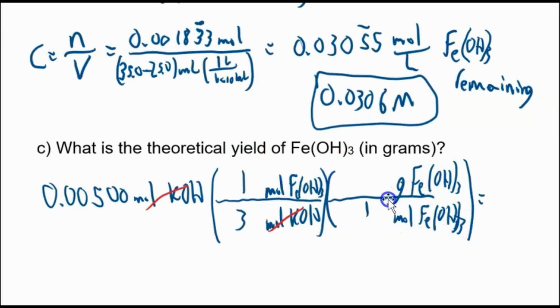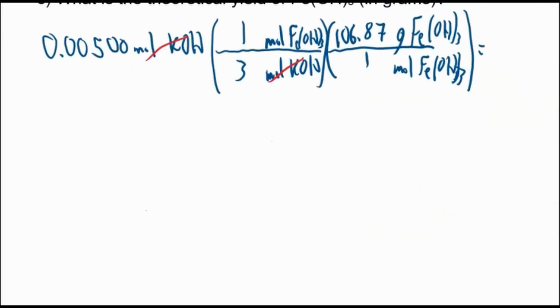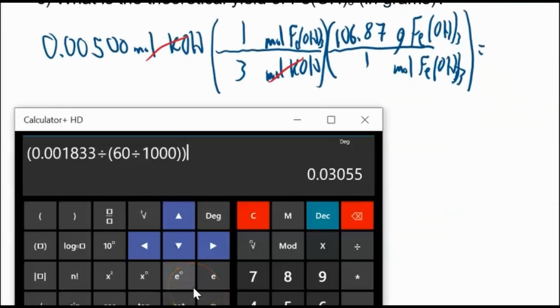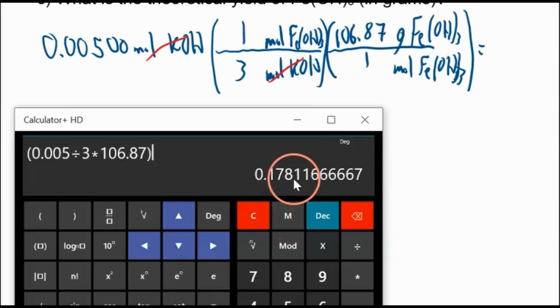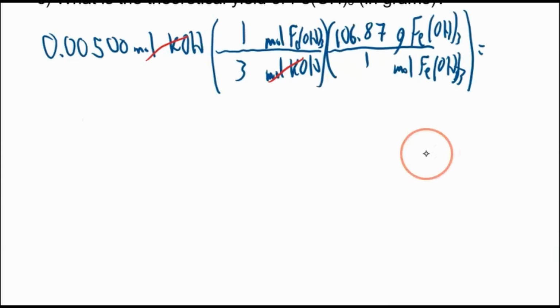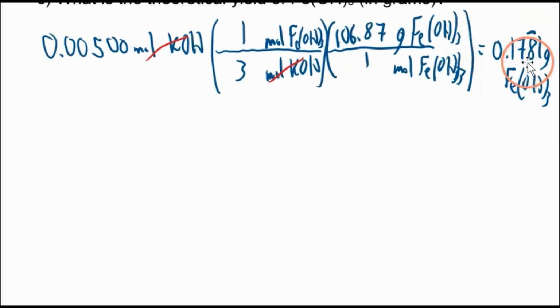And for every 1 mole, based on the periodic table, if we add up the molar masses of all the elements, 1 mole weighs 106.87 grams. Okay, we'll plug that in. 0.005 divided by 3 times 106.87 is 0.1781 grams of Fe(OH)3, and we have 3 sig figs, so 0.178 grams.